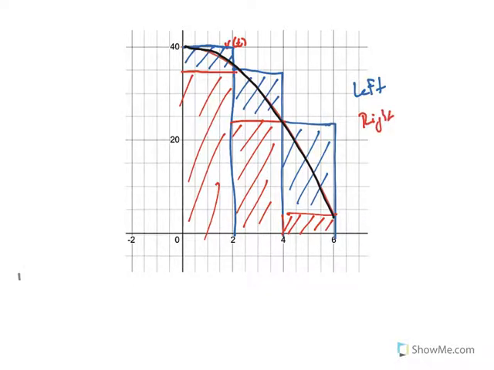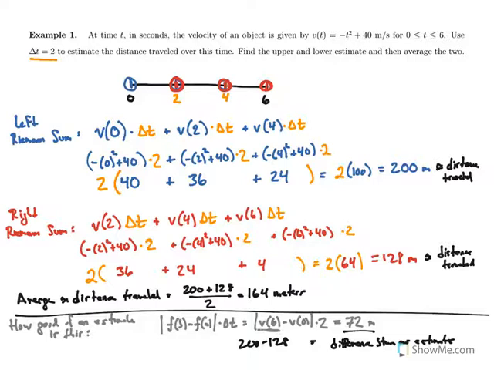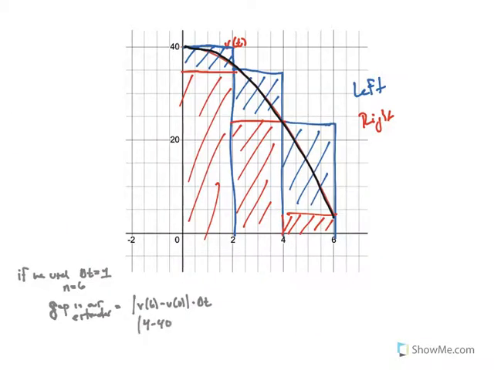All right, so let's say instead, if we used delta t equals 1, that is, n is equal to 6, then the gap in our estimates would be v of 6 minus v of 0 times delta t, and we could use the same values we had before. v of 6 we found out to be 4, v of 0 we found out to be 40, so this is going to be the absolute value of 40 minus 4 times 1, which is just going to be 36.